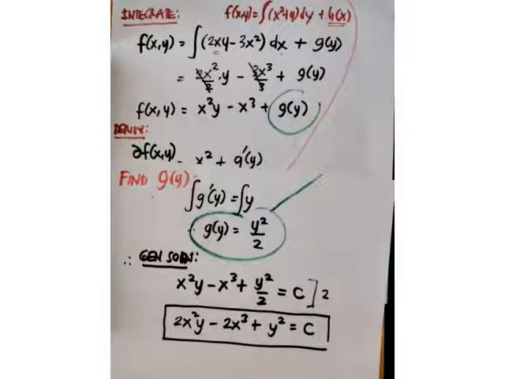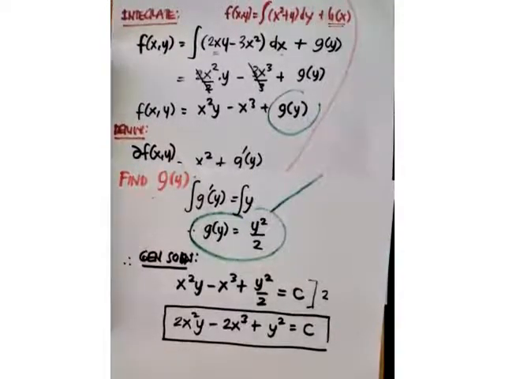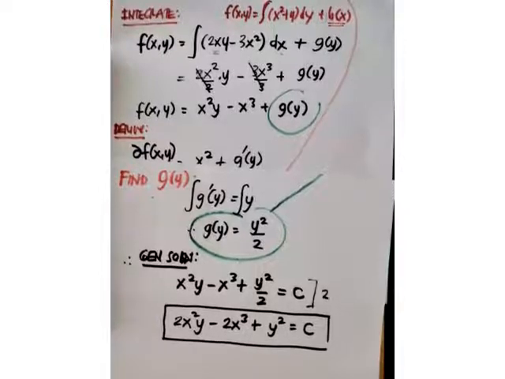Kaya ba? Mabilis ba kung ita-type mo? Yeah. This one?